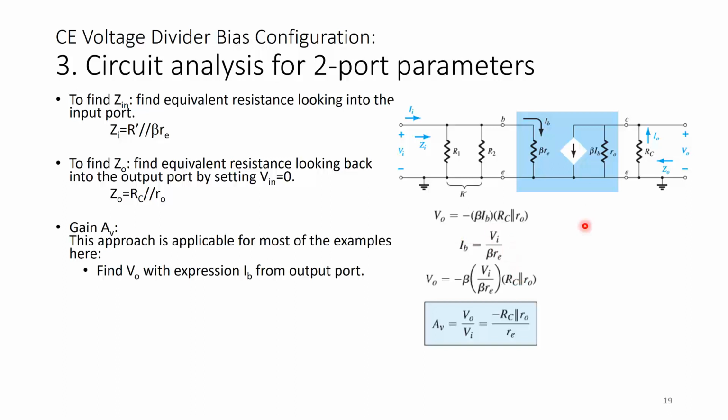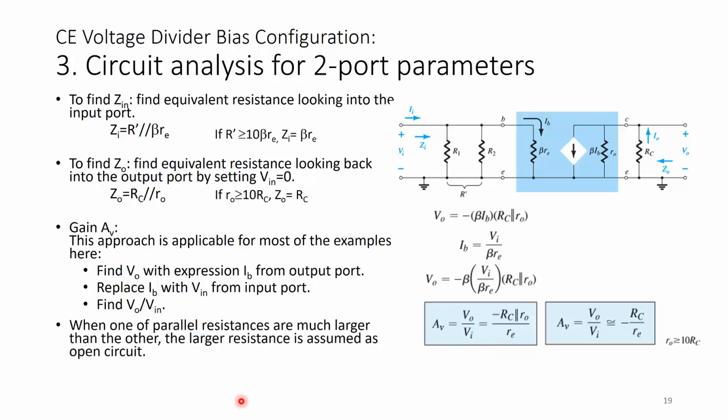V out is given by Ohm's law of beta IB going through RC parallel with R out, with a negative sign because it enters the negative terminal. IB is the same as in the fixed bias, V in divided by beta RE, and the expression for AV follows.